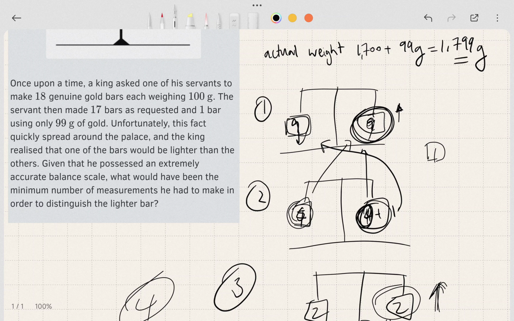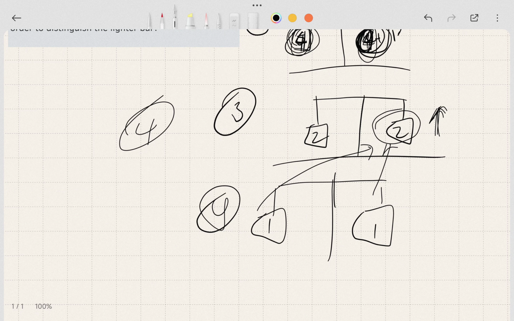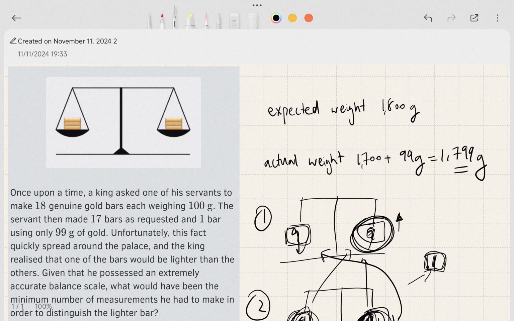Then have the remaining 8 with 4 on either side and weigh them. If the 4 are equal to each other, then the one gold bar that has been taken out is the defect. And if they're not equal, we can continue with 2 and 2. So therefore, the minimum value would be, okay, not 2.